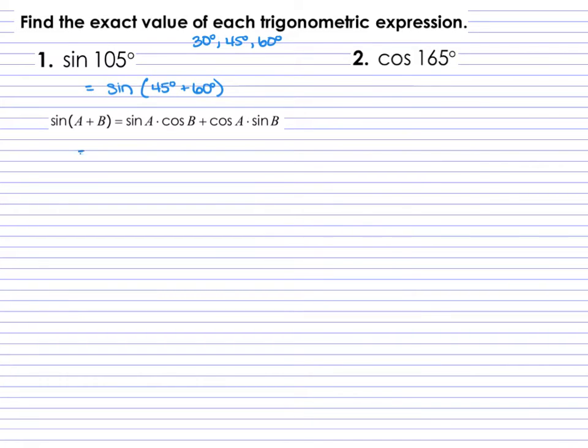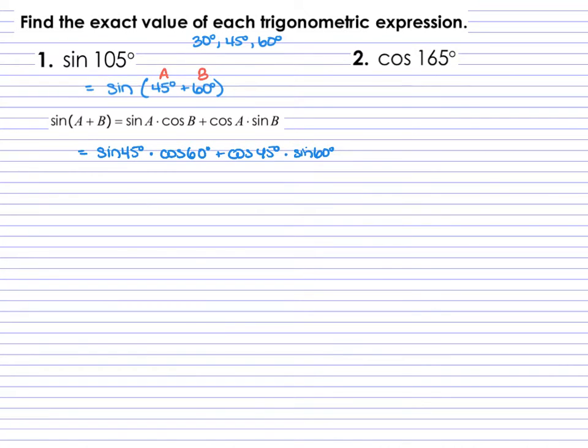This one is going to be my A and this one is going to be my B. It doesn't matter which comes first, as long as you're consistent. So we're going to do the sine of 45 degrees times the cosine of 60 degrees plus the cosine of 45 degrees times the sine of 60 degrees.